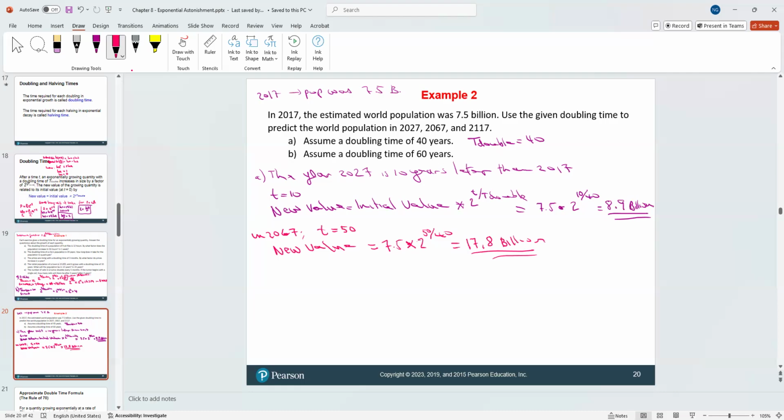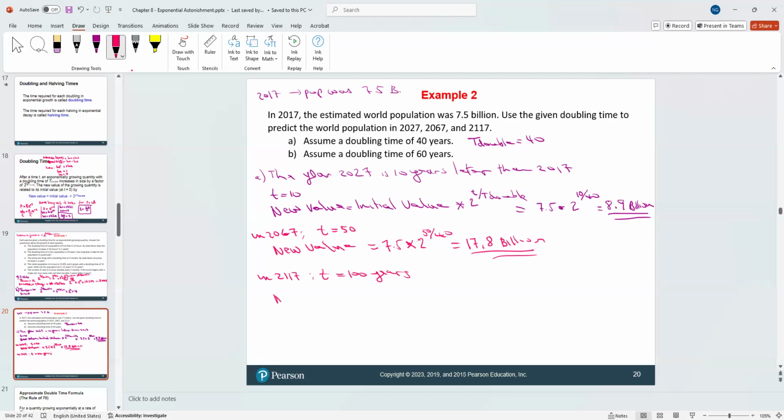Now, they asked what's going to happen in 2117, about a century later. In 2117, what would be t? t would be 100, right? It's going to be 100 years.